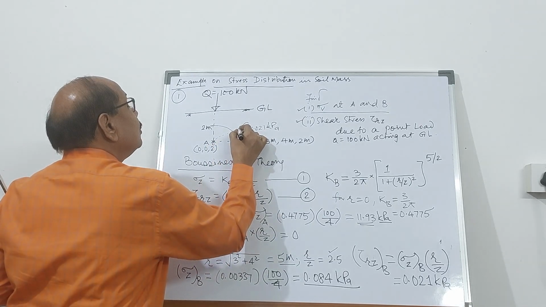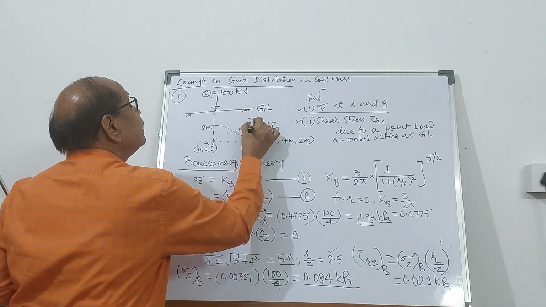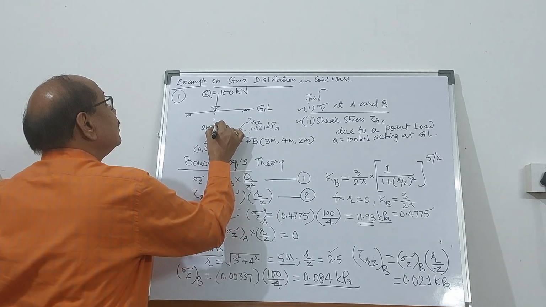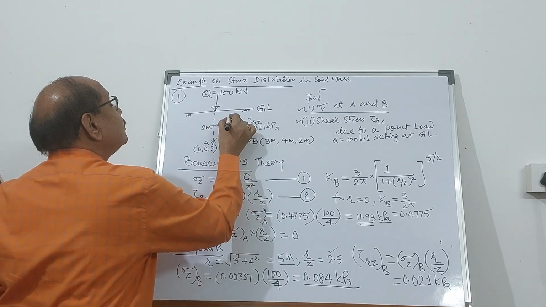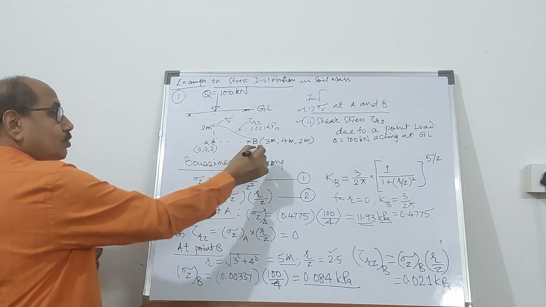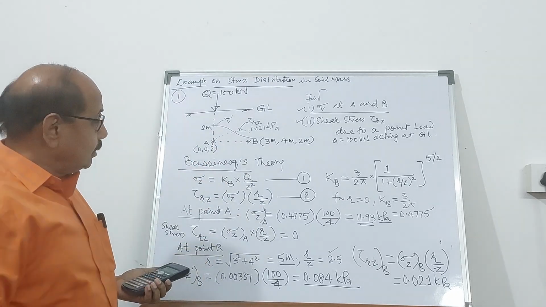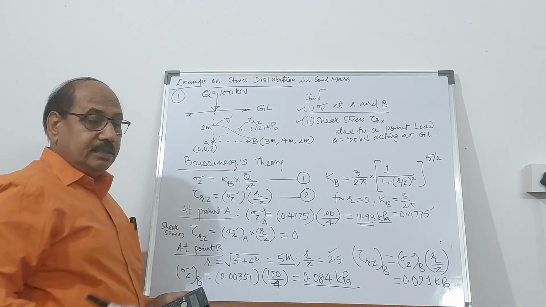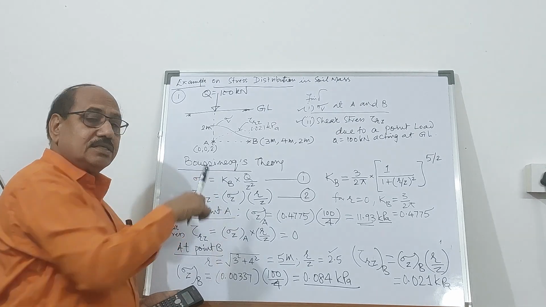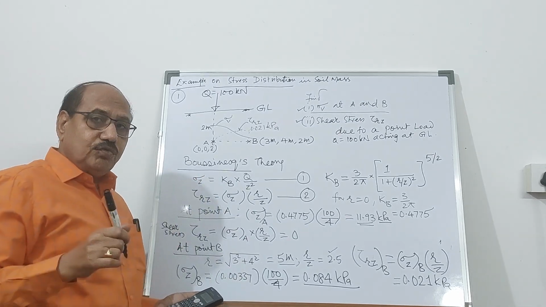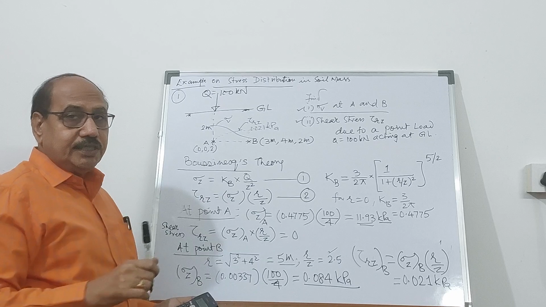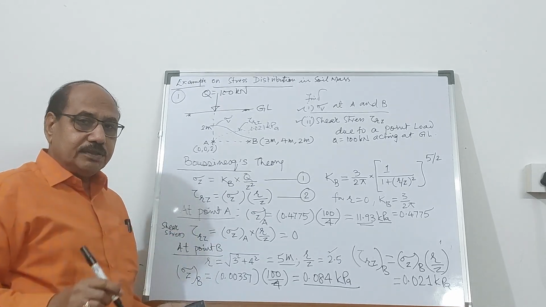This is the locus of tau rz, and this is the locus of sigma z. So you can calculate at any given point by using the Boussinesq theory, both vertical stress and the shear stress can be computed. Thank you very much.